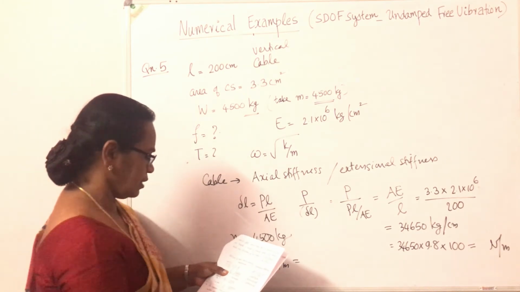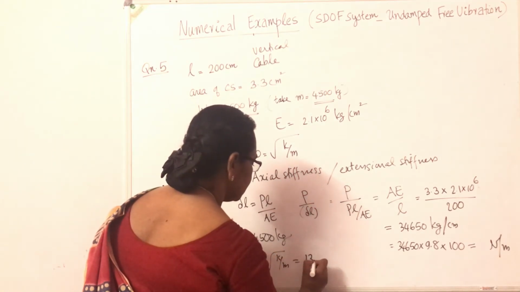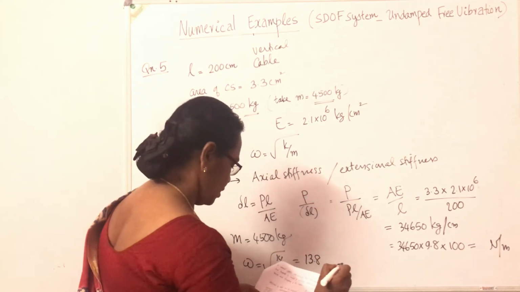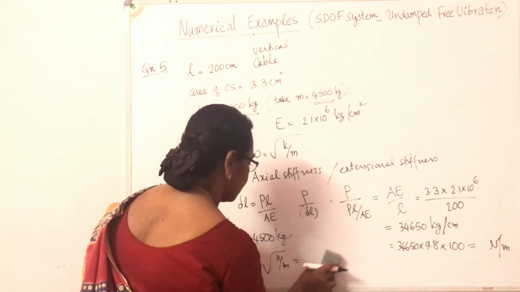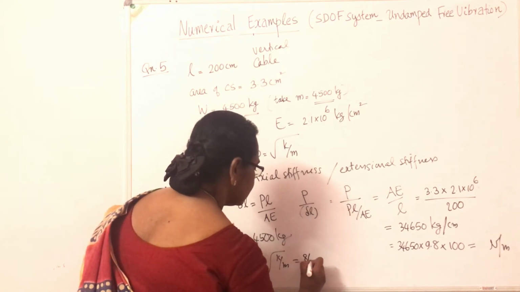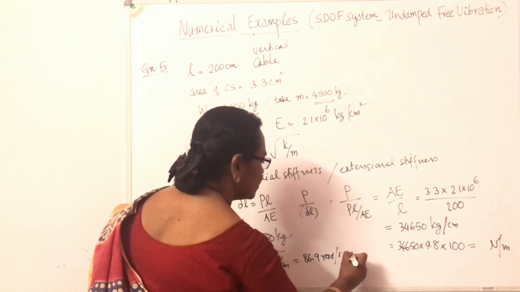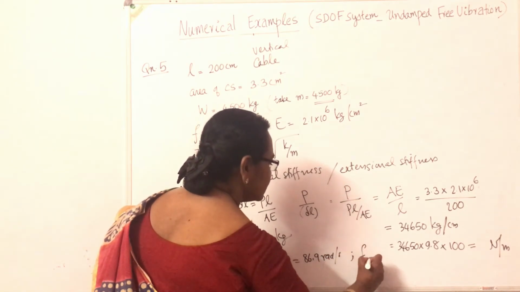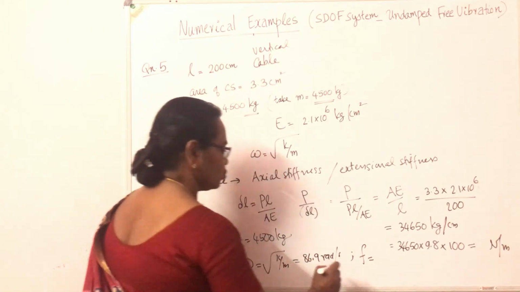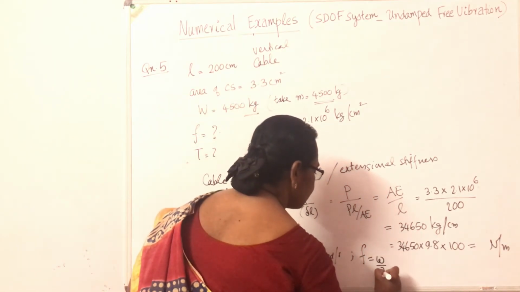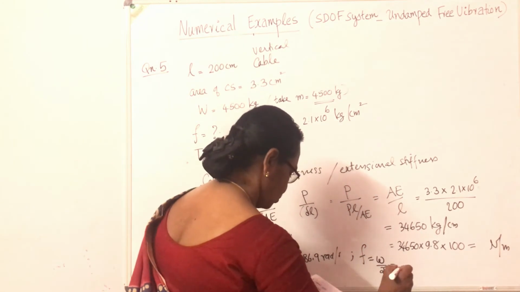You will get the answer as 86.9 radians per second. Or the natural frequency in hertz is equal to omega by 2 pi.